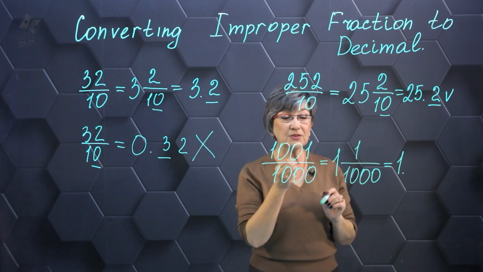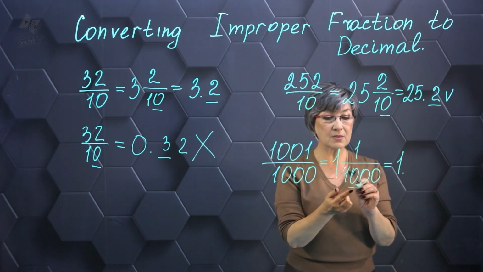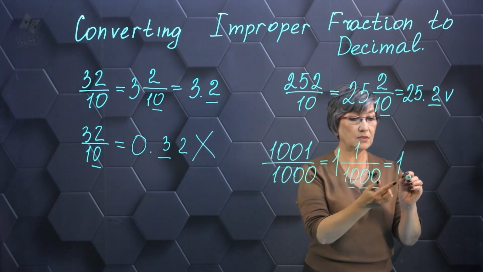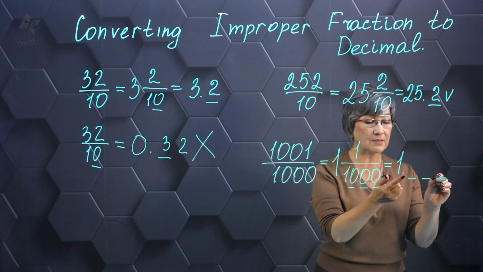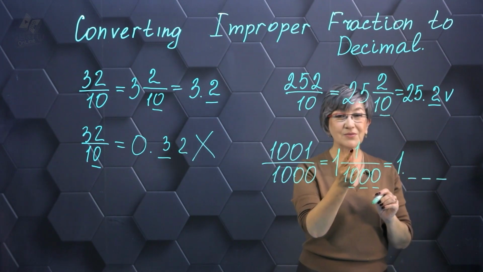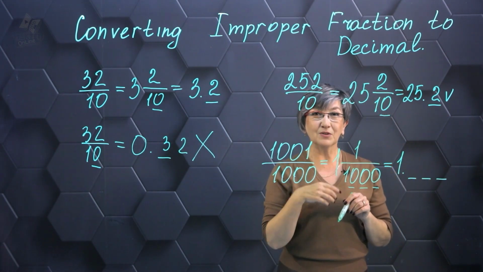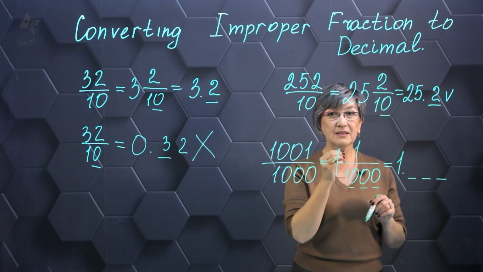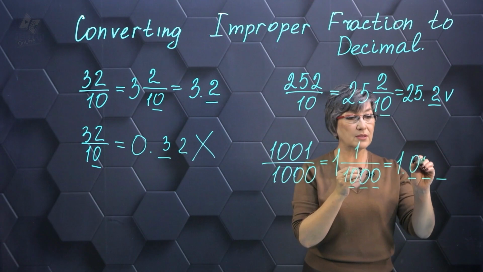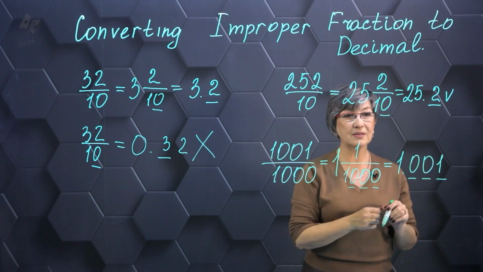Now count the number of zeros in the denominator: 1, 2, 3. So I have to write 3 digits after the dot. But we only have 1 digit in the numerator. So in order to make 3 digits, we add zeros before the 1. 0, 0, 1. The result is 1.001.